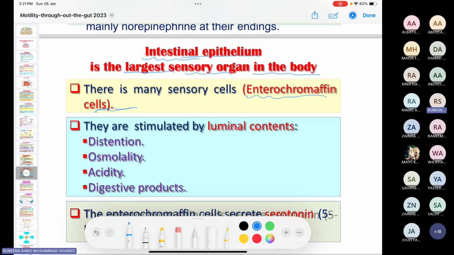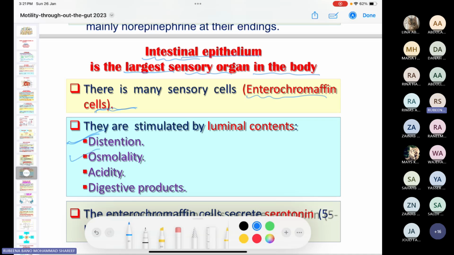And the wall of the intestine gets stimulated by distension. When you eat food, there will be distension and the wall will get stimulated, right? And then the motility will start.